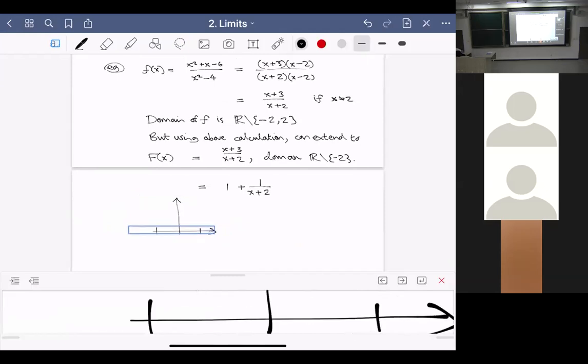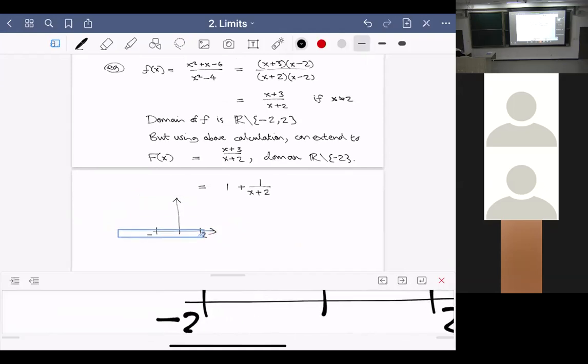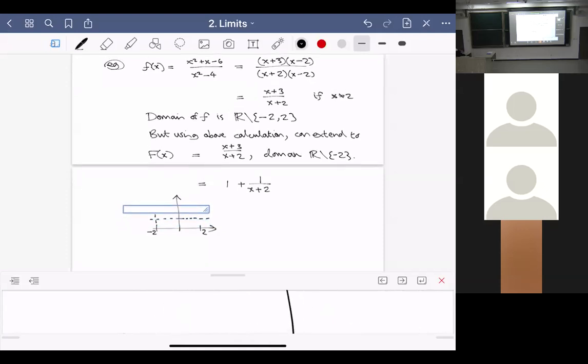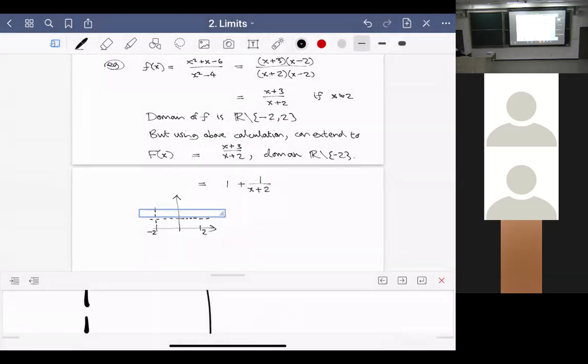So I think I'm actually just going to draw a piece of the graph. So if this is 2 and this is minus 2, and then this is 1, then the graph is given by taking the usual graph for 1 over x and shifting it.